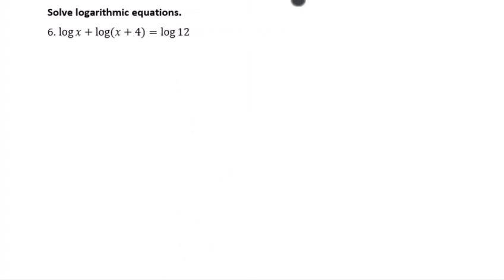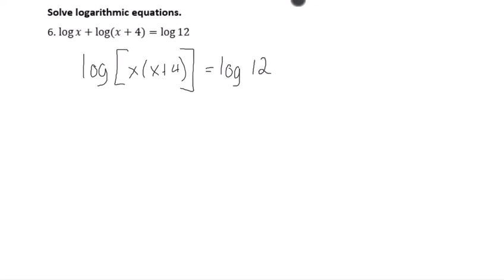All right, again, this is plus, so that's going to mean multiplication. So that's log of x times x plus 4 equaling log of 12. Now these are both base 10, so we can just set them equal to each other. We get x squared plus 4x equals 12.